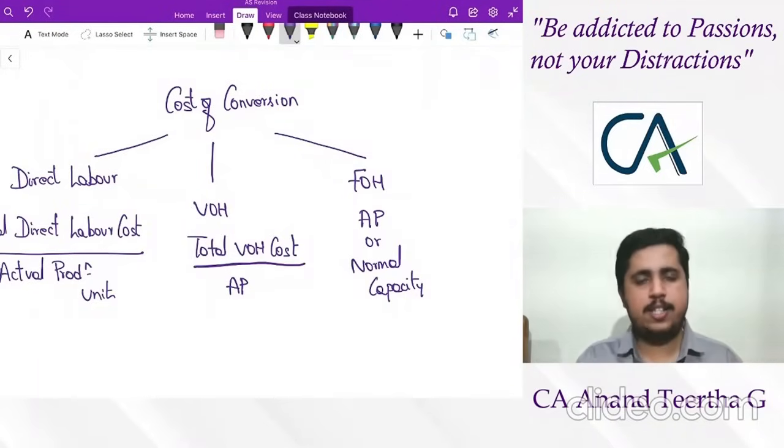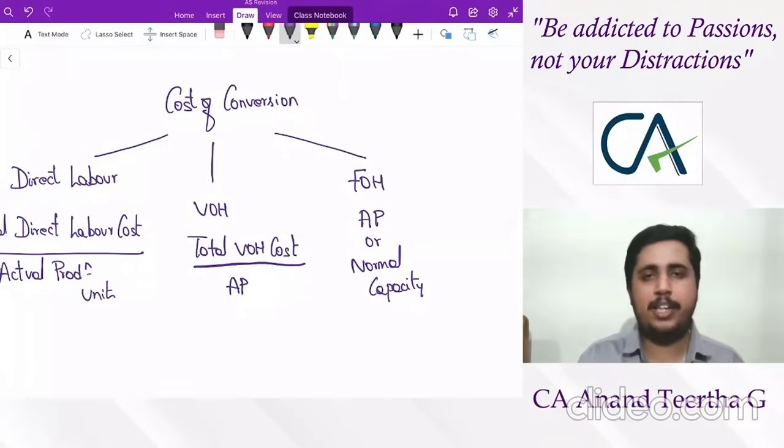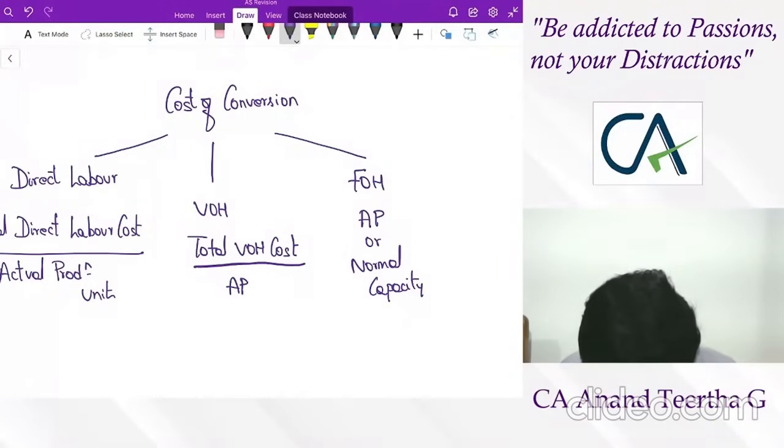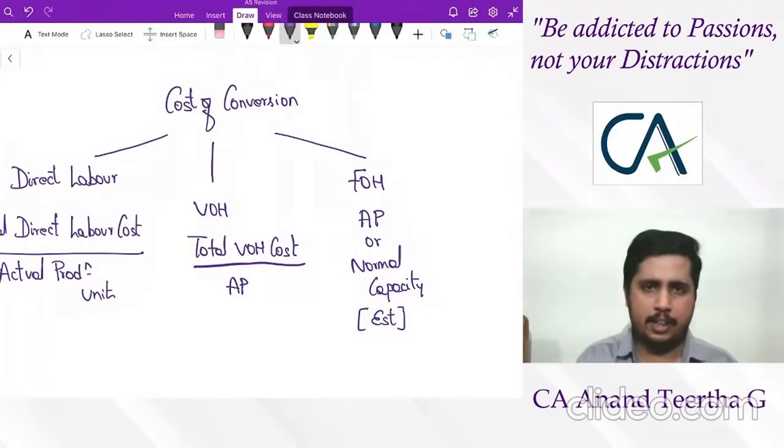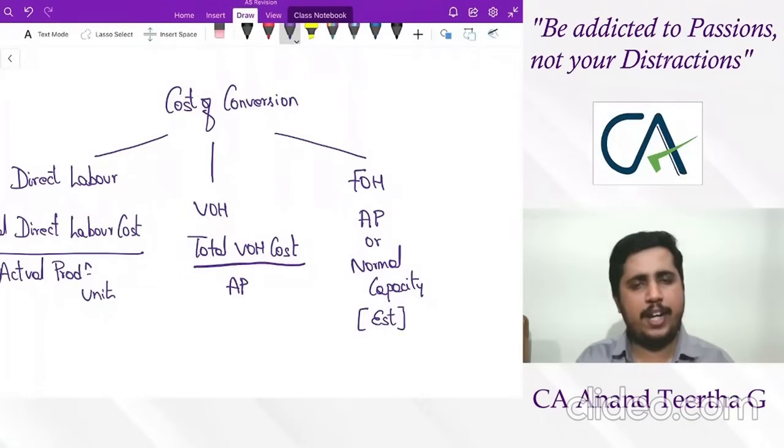After deducting all the necessary standby times, whatever number of units you get will be the normal capacity, which means normal capacity is normally on an estimated basis. So you estimate according to all the normal time which is supposed to get deducted, and finally you calculate how many units can be produced. That is normal capacity. Actual production is the production which you actually do.